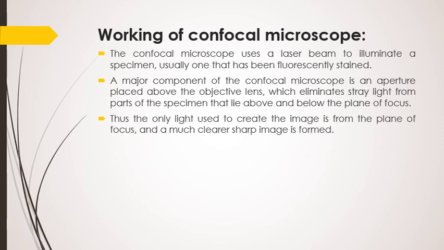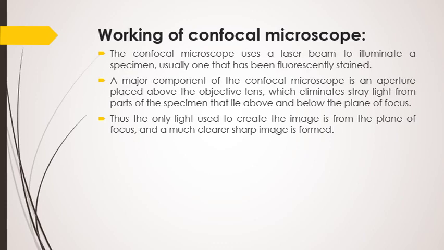First of all, the confocal microscope basically uses a laser beam to illuminate a specimen, usually one that has been fluorescently stained. It means the specimen is stained with a fluorescent compound. The major component of the confocal microscope is an aperture placed above the objective lens, which eliminates stray light from parts of the specimen that lie above and below the plane of focus.